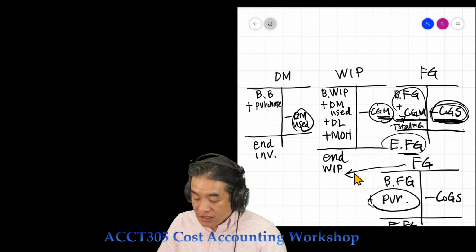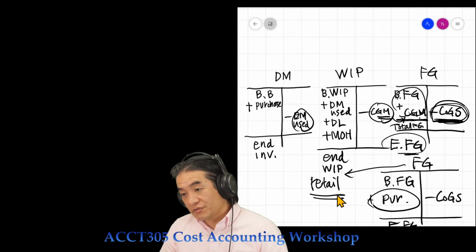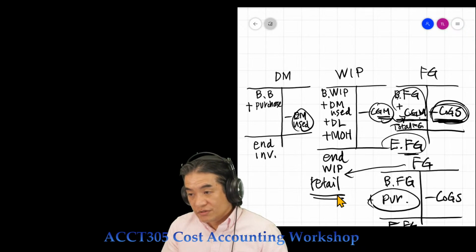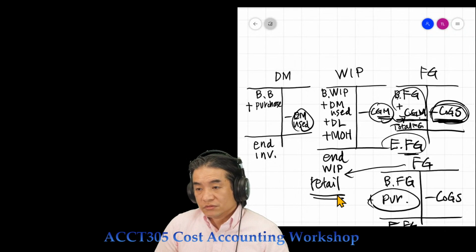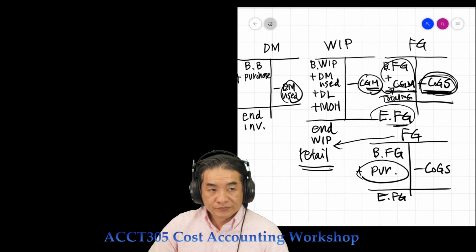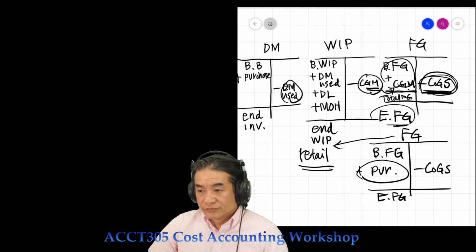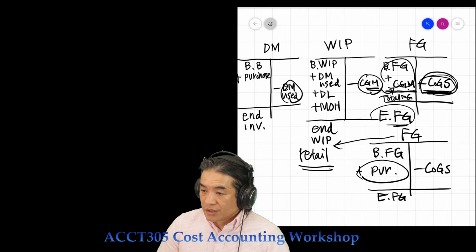Therefore, this is, I would say, the retail way of accounting for cost of goods sold. So that's good. There are many ways to look at the exact same thing in management accounting. The idea is not to memorize this schedule here, but rather try to understand what the schedule is trying to do. That will make it a lot easier for you to understand.